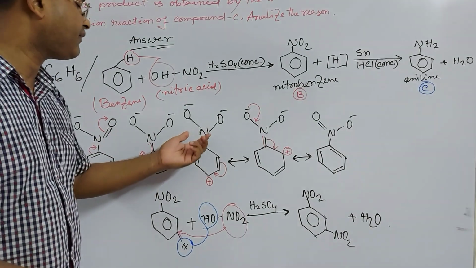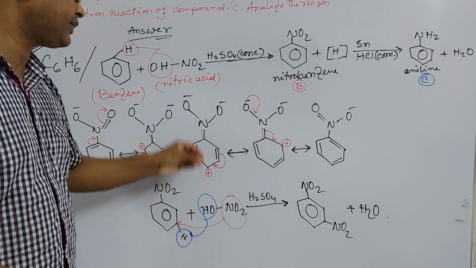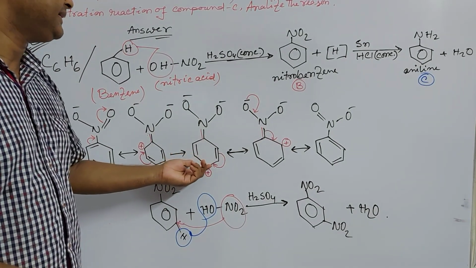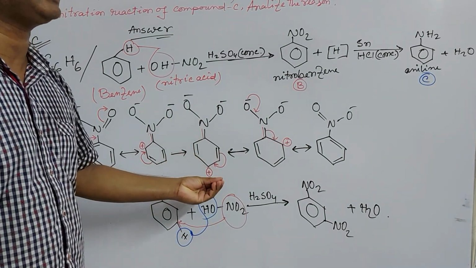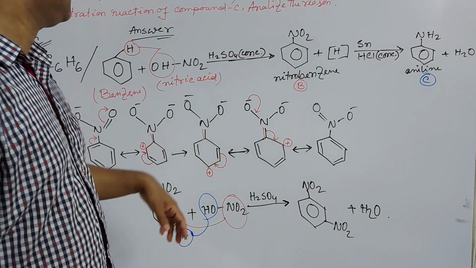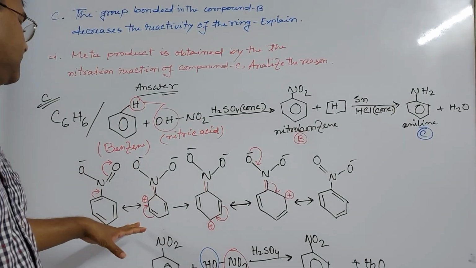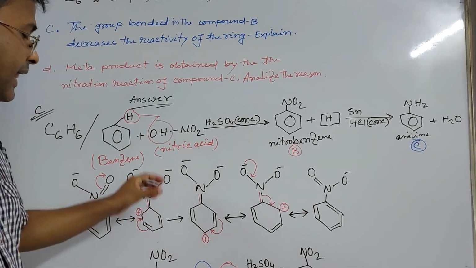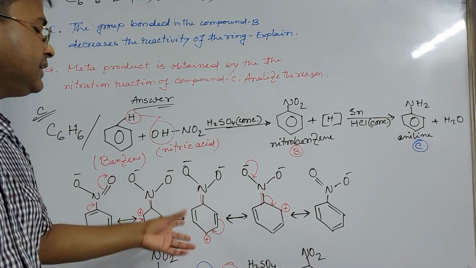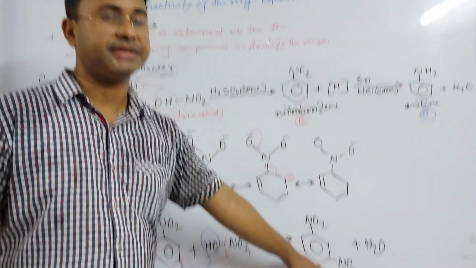It means if the nitro group is bonded directly with the benzene ring, then it takes part in the electrophilic substitution reaction slowly. That's why it is said that nitrobenzene shows less reactivity in the electrophilic substitution reaction.